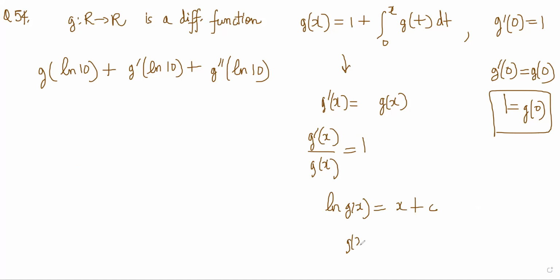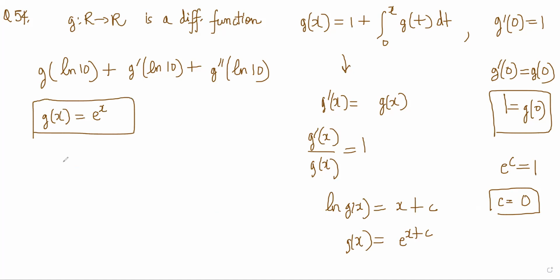So g of x should be equal to e power x plus c. Now putting the value of 0 here, you get e power c is equal to 1. So c is equal to log 1, which is 0, right? So therefore, we have g of x coming as e power x, correct?